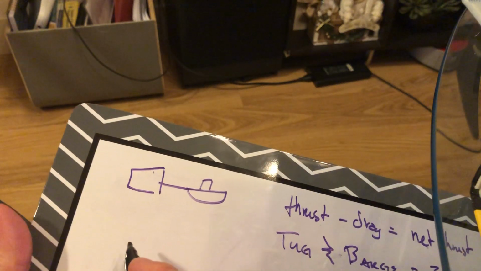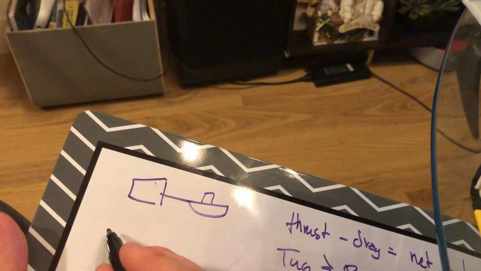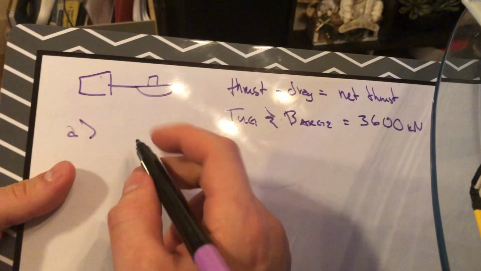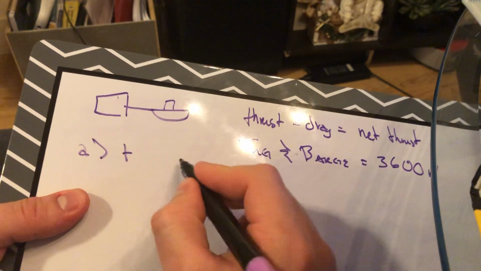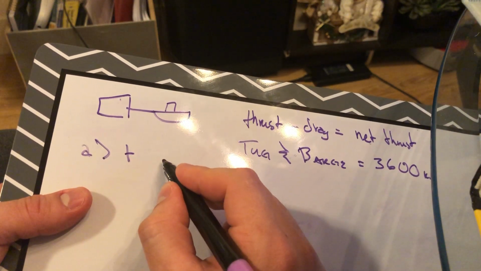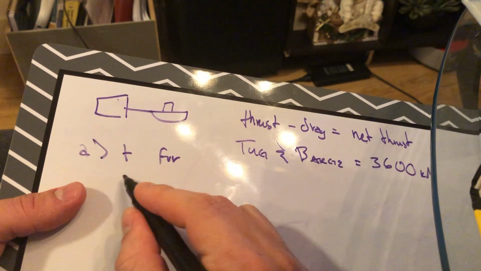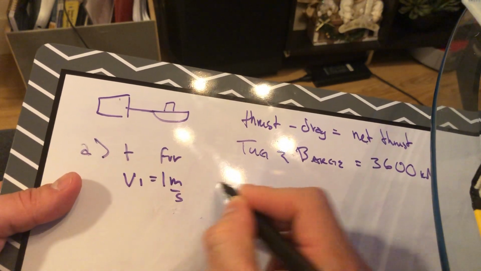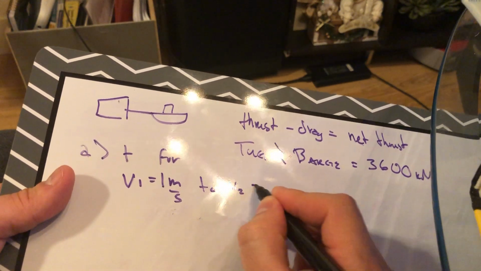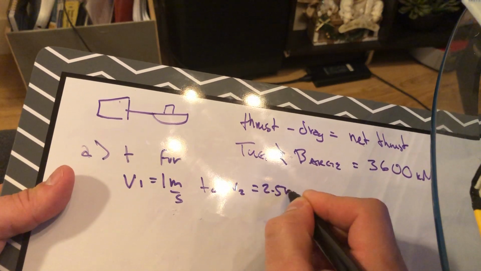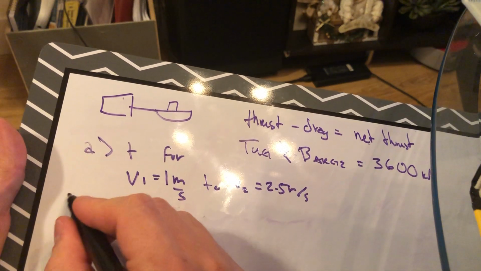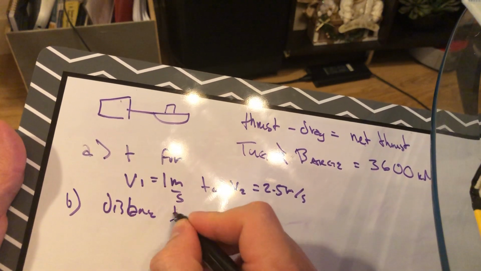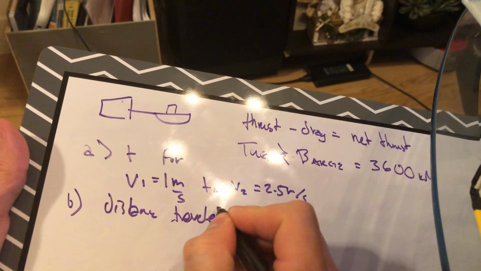We want to know (a) the time required T for the increase of V1 from 1 meter per second to V2 equals 2.5 meters per second, and (b) the distance traveled.